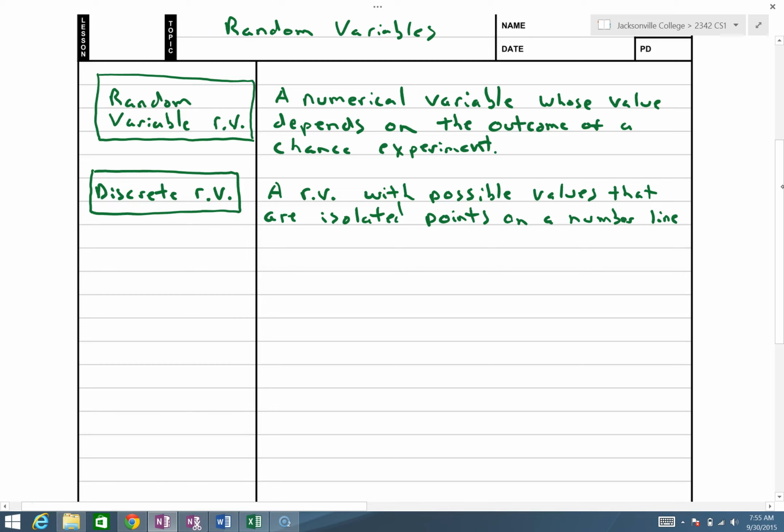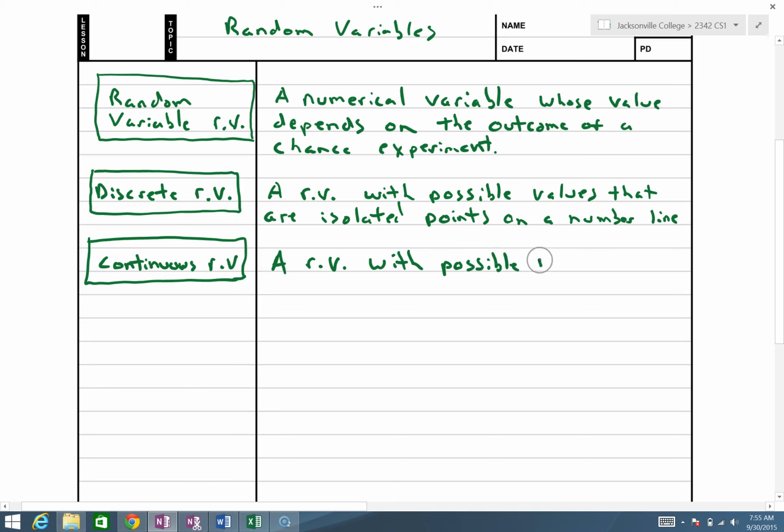Continuous random variable. A random variable with possible values that are all points in some interval.